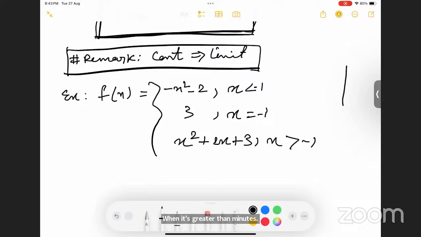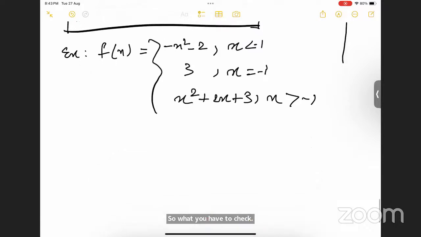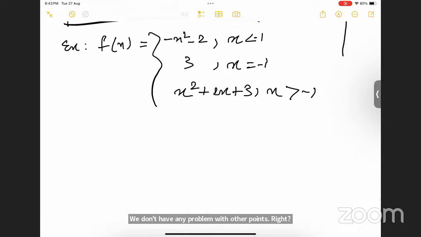We don't have any problem with other points, so we have to check whether the function is continuous at x equals minus 1, and whether the limit exists or not. This is your task. Please do it.